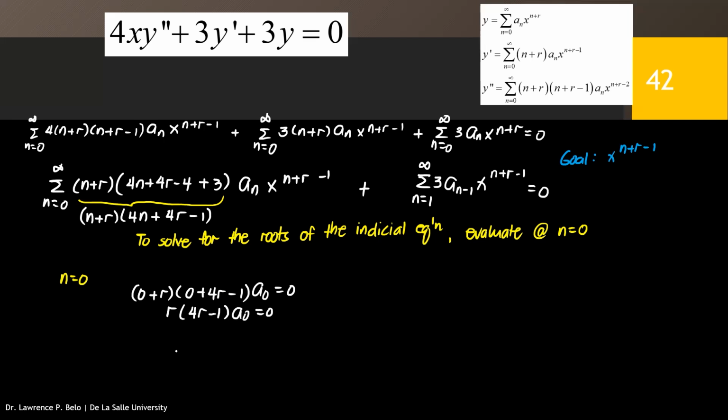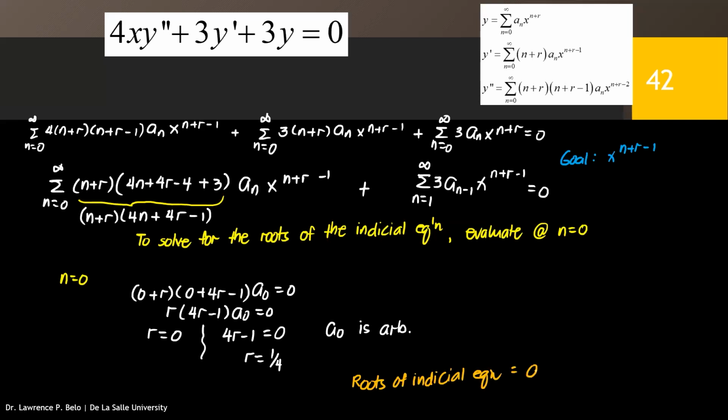Take note that r can be equal to 0, or 4r minus 1 can be equal to 0. So here r can be equal to 1/4. So a sub 0 is now an arbitrary term. So the roots of the initial equation are 0 and 1/4.